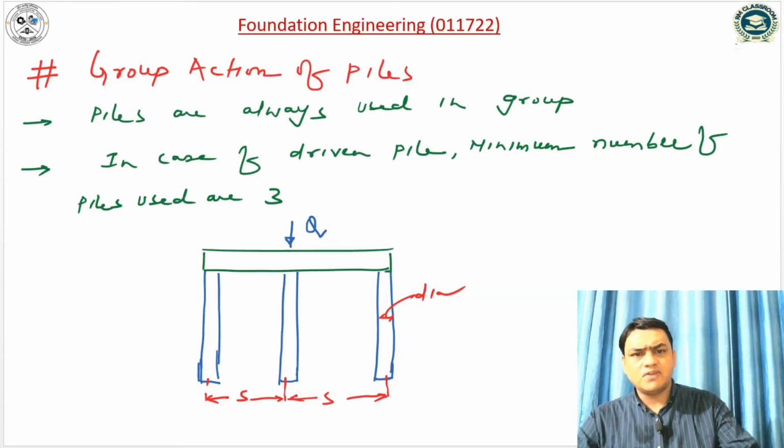Piles are always used in a group, and the minimum number of piles required in case of driven piles is 3. Here we can see the arrangement of piles.